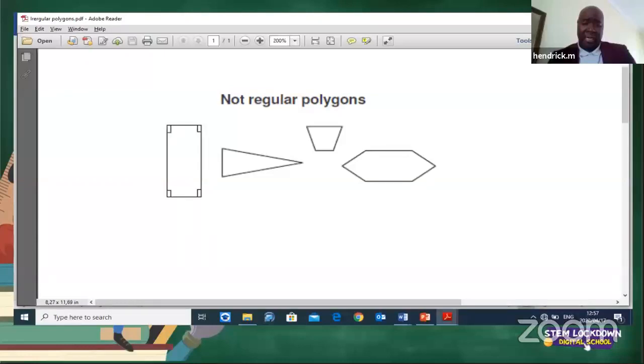Let us proceed. I want you to calculate the perimeter of the polygons. And I'm going to start with a regular one, could be a pentagon.